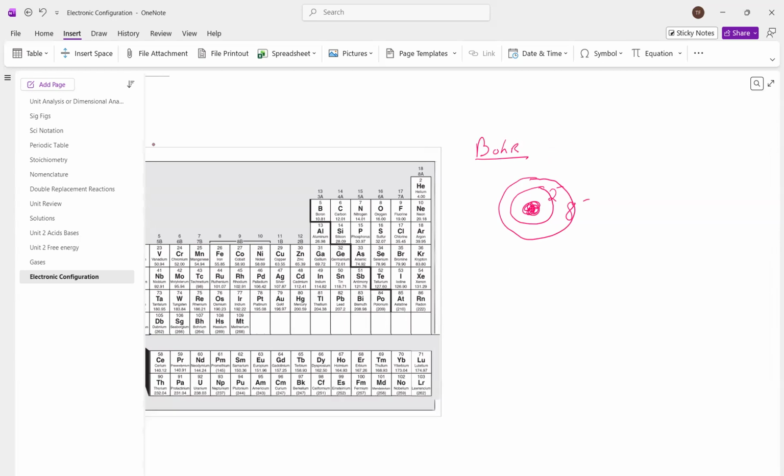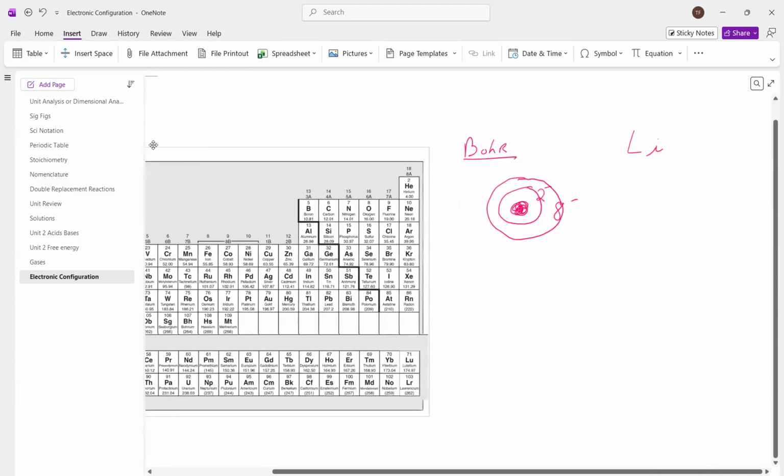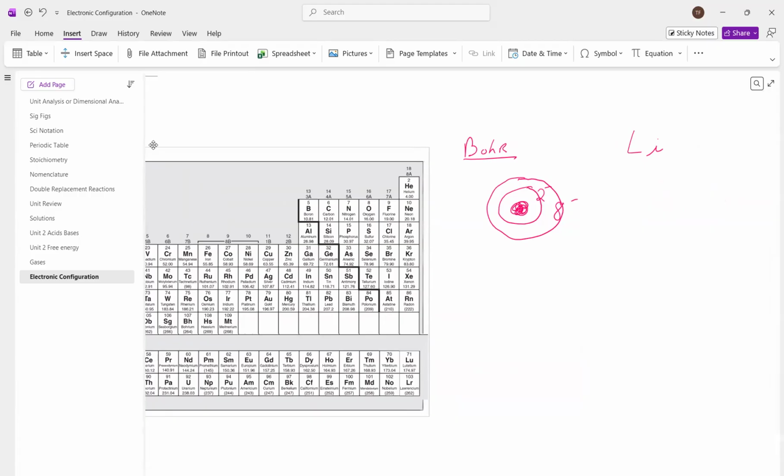Okay, let's look at something like lithium. Lithium is on the left side, and it's got 3 electrons. Let's see where those electrons go. One thing about Bohr's model is that he put too many electrons in the second orbital out.